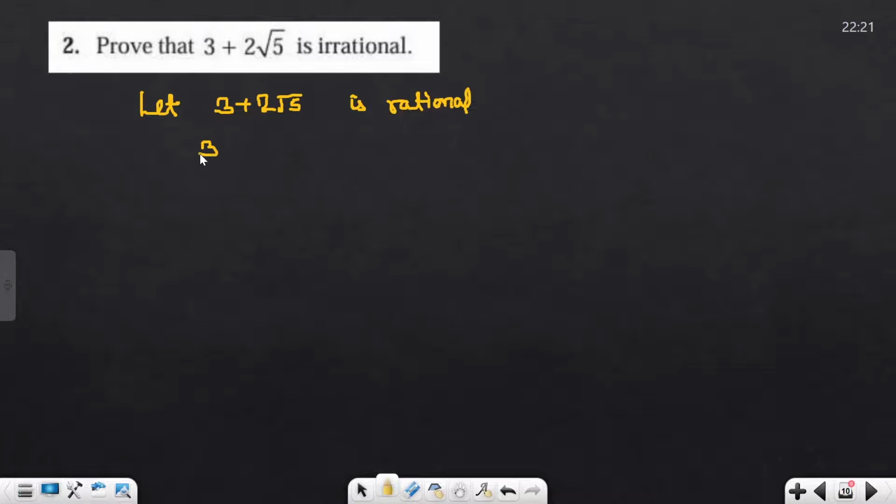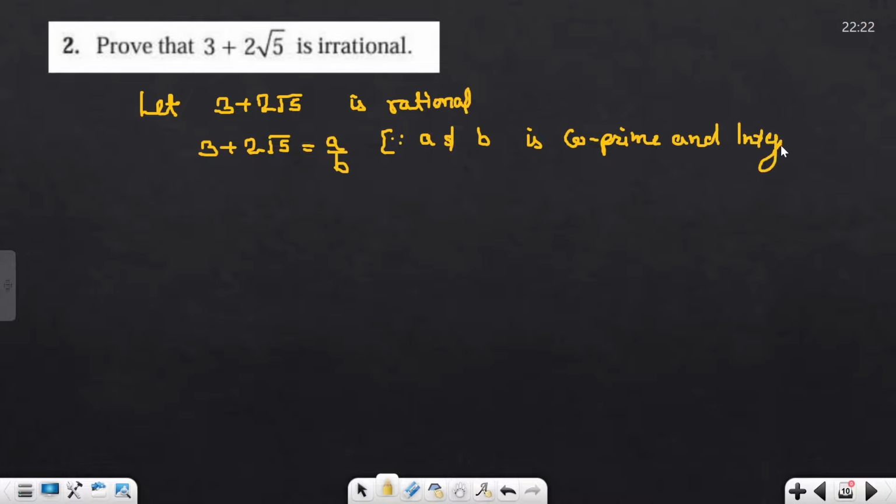If it is rational, it means 3 plus 2 root 5 is equal to a divided by b, where a and b are coprime integers, b not equal to 0, like the similar question.